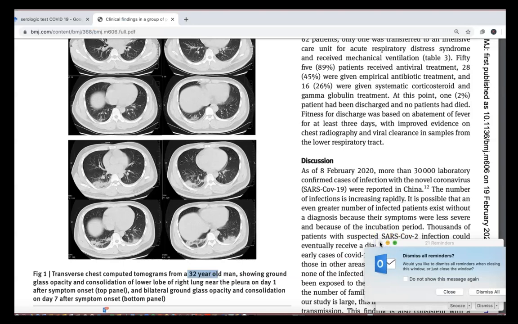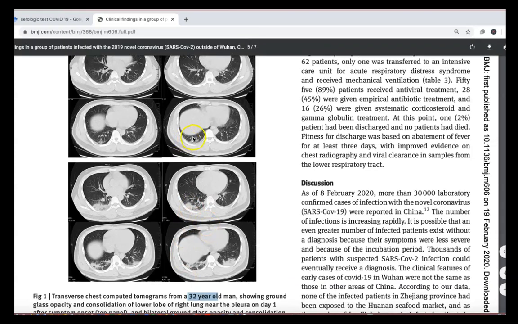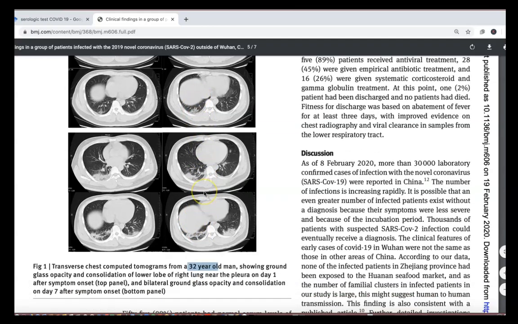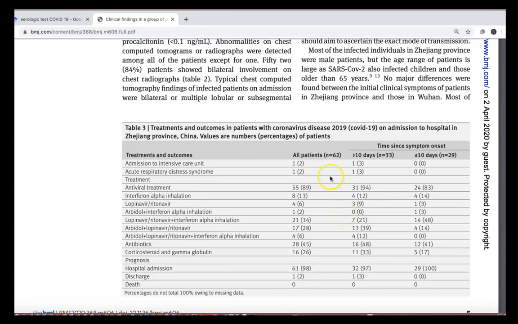Looking at these images, a radiologist can see more clearly that there's something obviously going on that's wrong here. That's just a little bit about what goes into these types of studies, and you can also see the treatments and the outcomes of the different patients. You can see the different drugs and things that they threw at them.